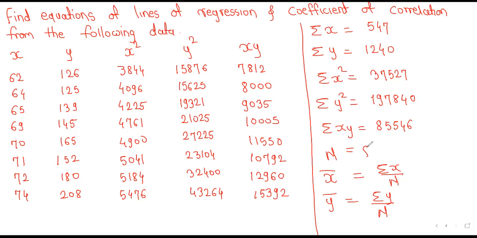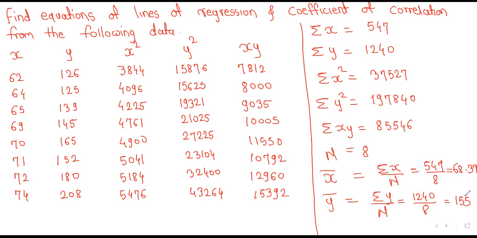8, right? Yes, ma'am. Now x bar is equal to summation x, that is 547 upon 8, which is equal to 68.375. And summation y is 1240 upon 8, which is equal to 155.